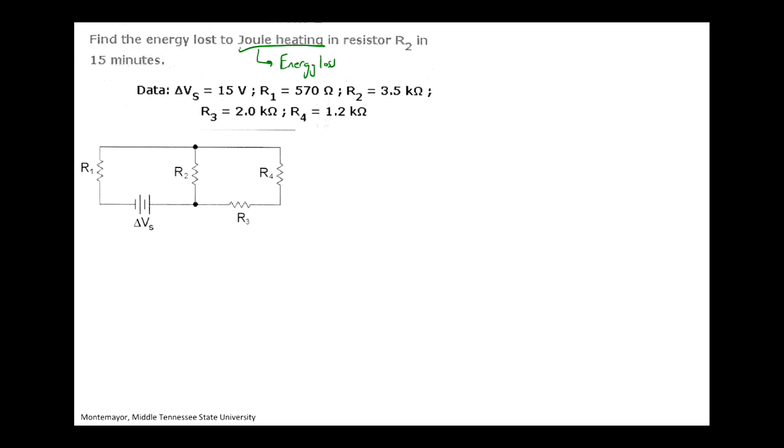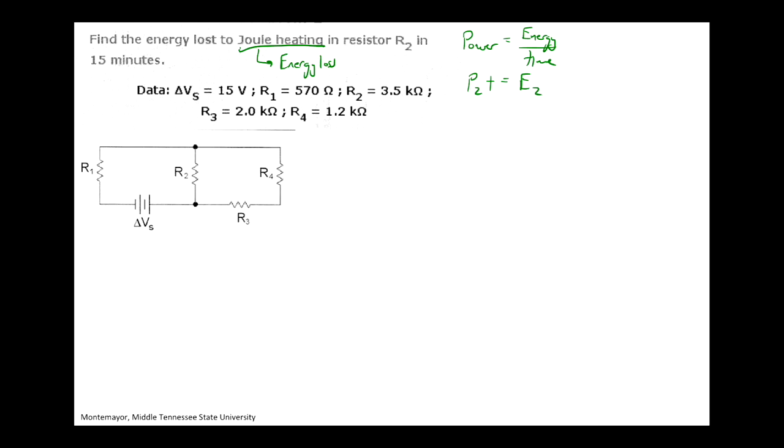So if I can find the rate of energy loss and multiply that by the time, we can find what we're looking for. The rate of energy loss is just the power. You might remember that power is energy over time. So we're going to try to find P2 and multiply that by the time, and that's going to give me the energy lost by resistor 2 in the amount of time that we're using.